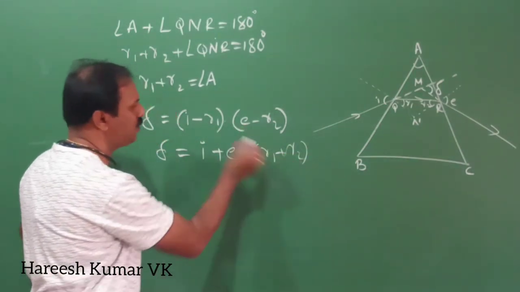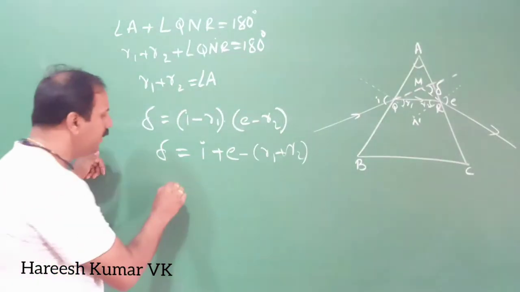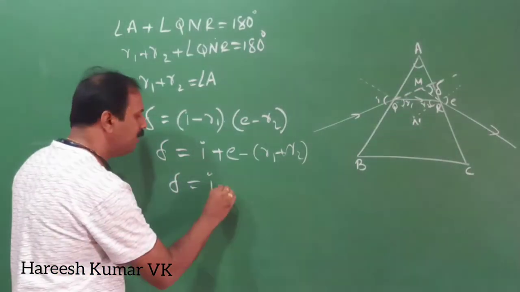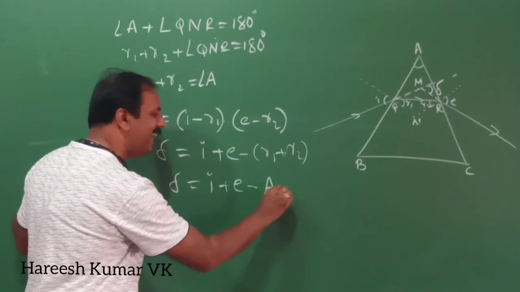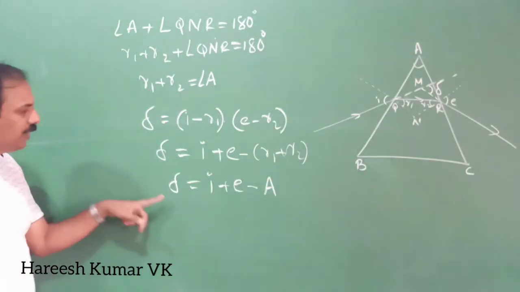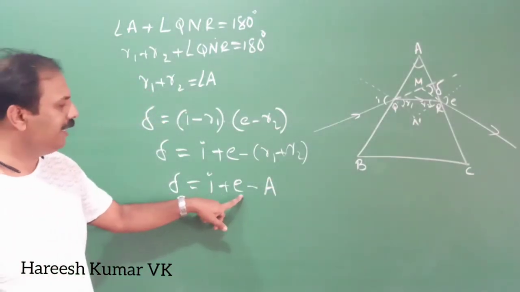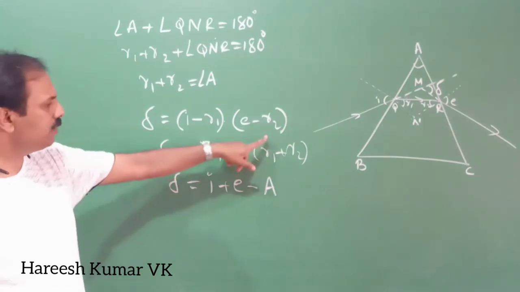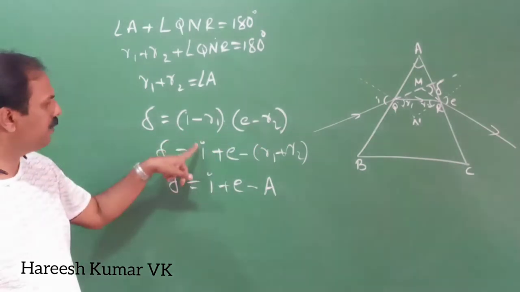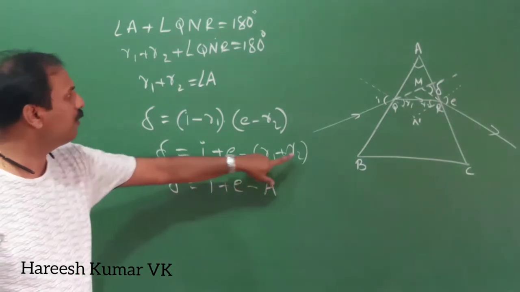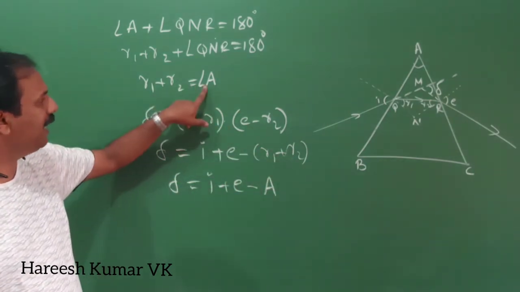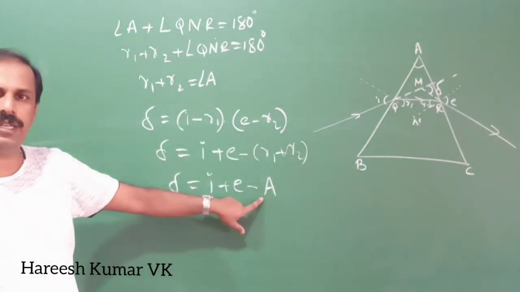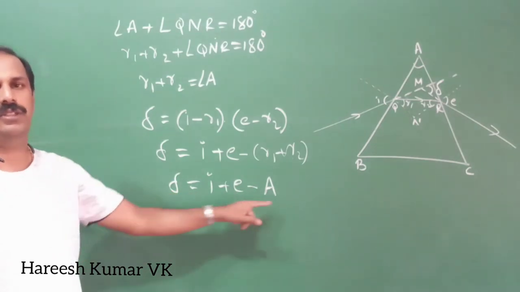Like this we can write this one. Or we can write delta is equal to I plus E minus A. Like this also we can write. So the deviation is given by I plus E minus A. You just check here, you will get the same thing. Okay, you can rearrange this one, and R1 plus R2 is again angle A. So that's why I am writing angle A here again. So you will get like this.